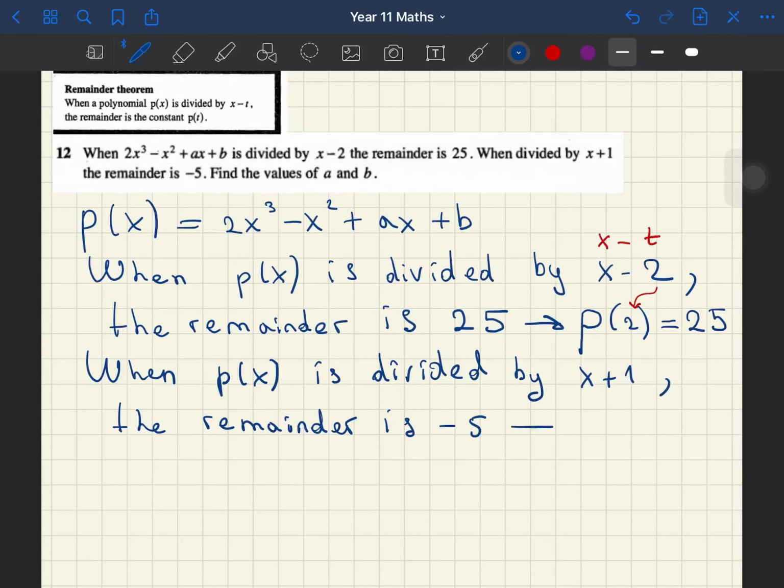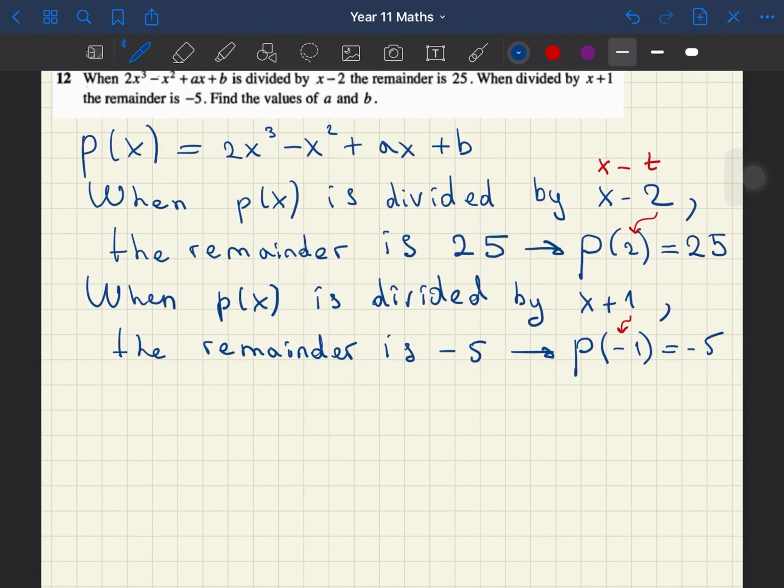So this means that p of, and this time it's plus 1, so it should be minus 1 here. So p of minus 1 is equal to minus 5.